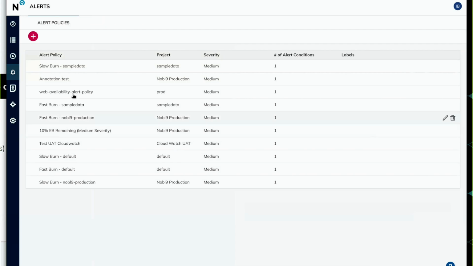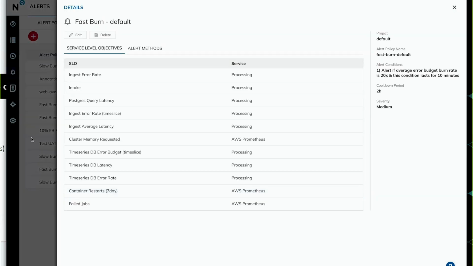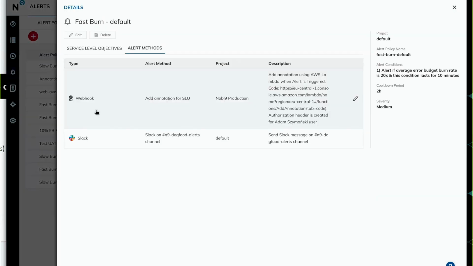Both of these have an annotation that gets thrown in, and also a Slack notification for us. Some of these we have set up for PagerDuty for some of the more important ones, but those are more on the application level. For these foundational ones, we have Slack, and this is monitored by our on-call.